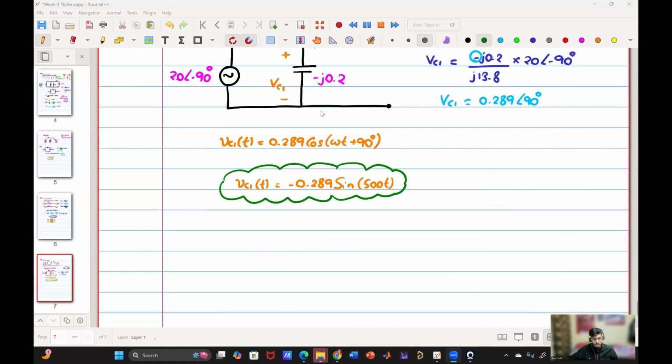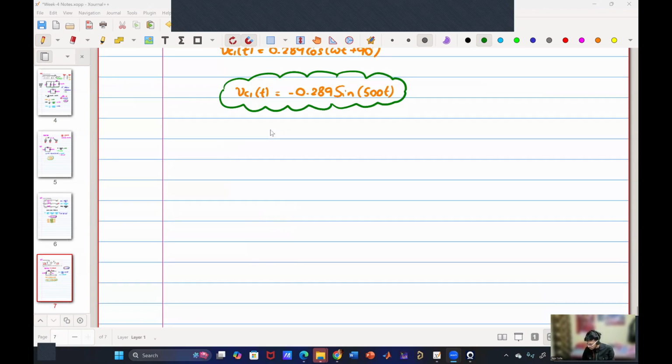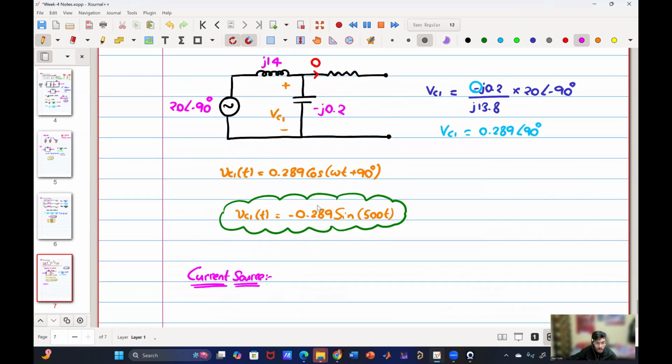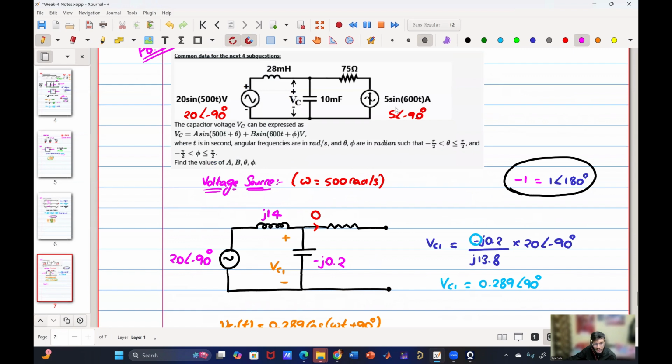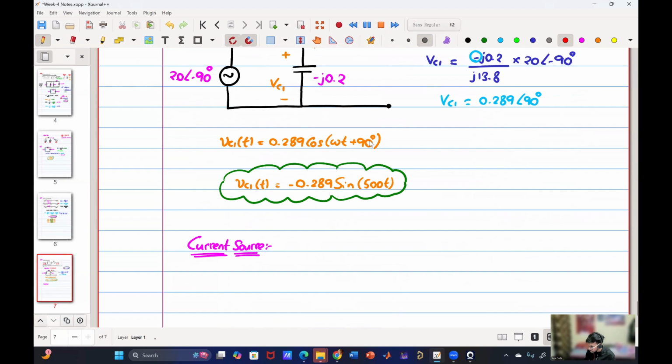So now let us go to the current source. Whenever we are considering different sources, omega is different, right? For the current source, omega is 600 radians per second.